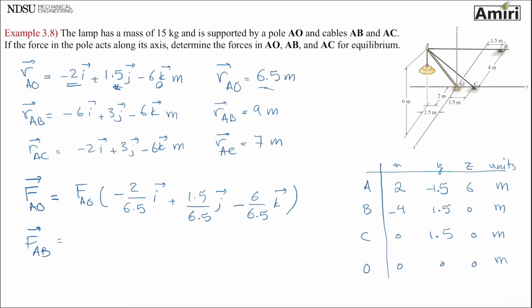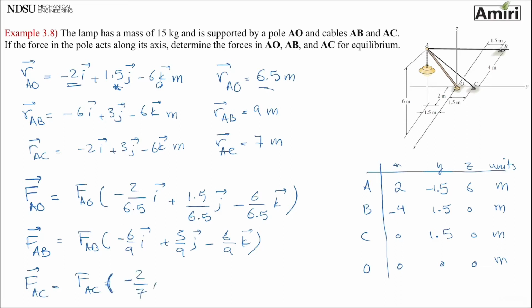FAB magnitude, 6 over 9 i, 3 over 9 j, 6 over 9 k, which you can certainly simplify, put like 2 over 3 instead of 6 over 9. And last one that we need to do is, 2 over 7 i, 3 over 7 j, and 6 over 7 k. The units are newtons.